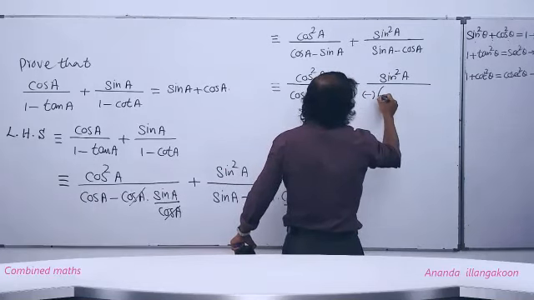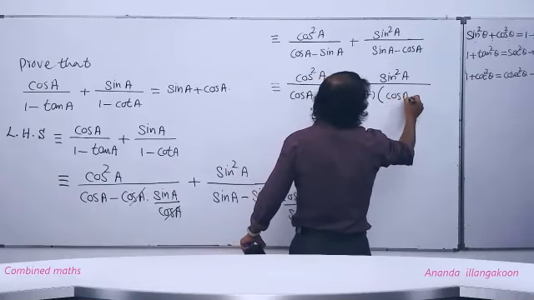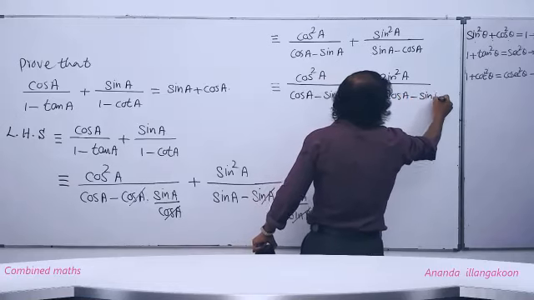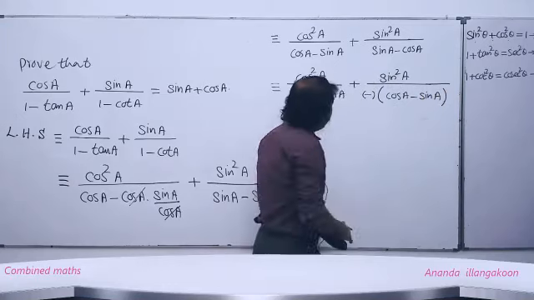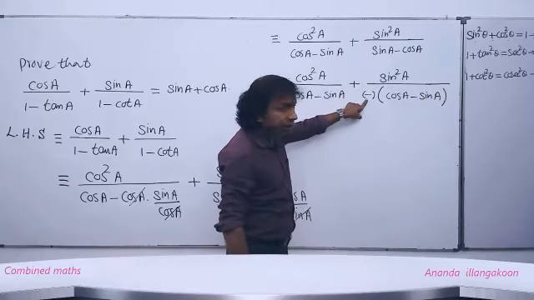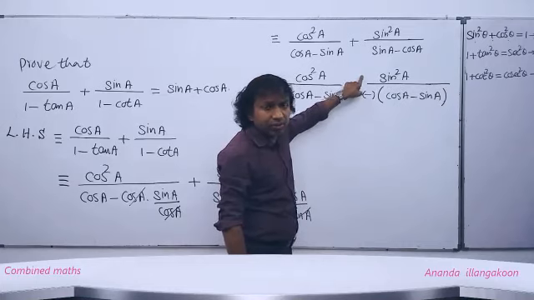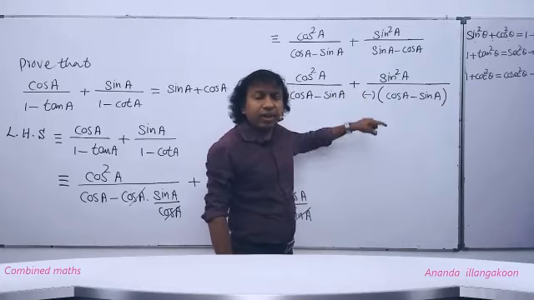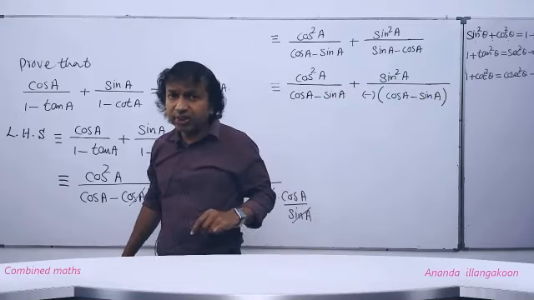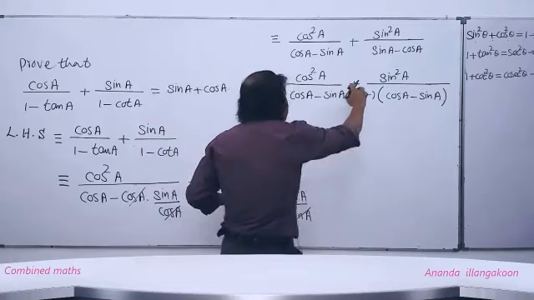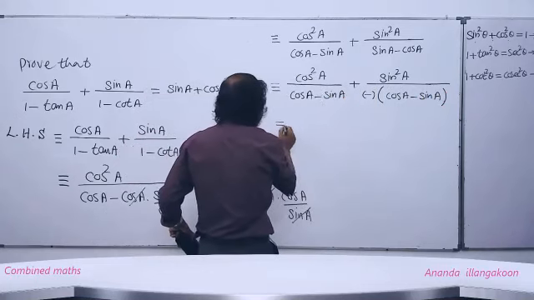Then we can write this as cos A minus sin A. No? Okay. People, now here is plus sign and minus sign. Plus divided by minus. People, plus divided by minus is what really? When we divide two different signs, the answer is minus, no? So therefore, this division I can write as minus now.